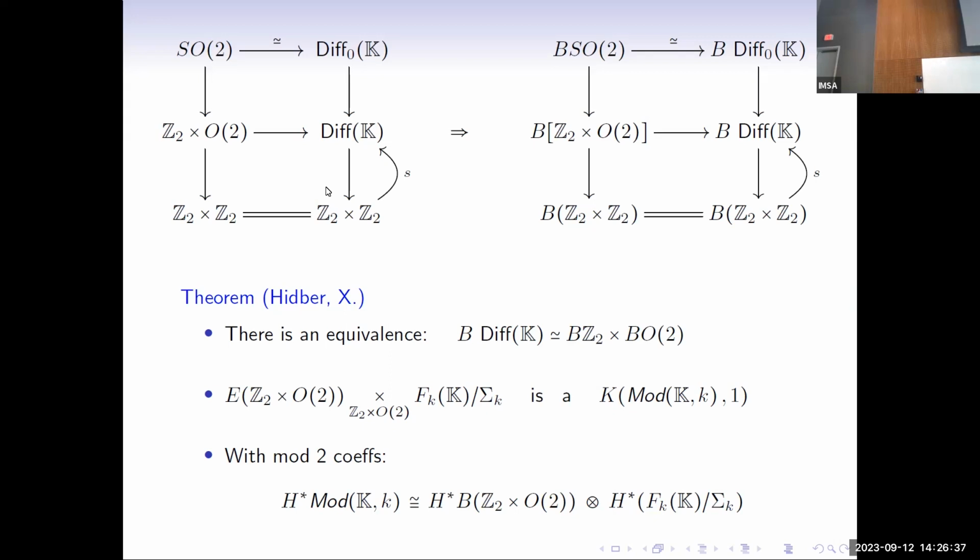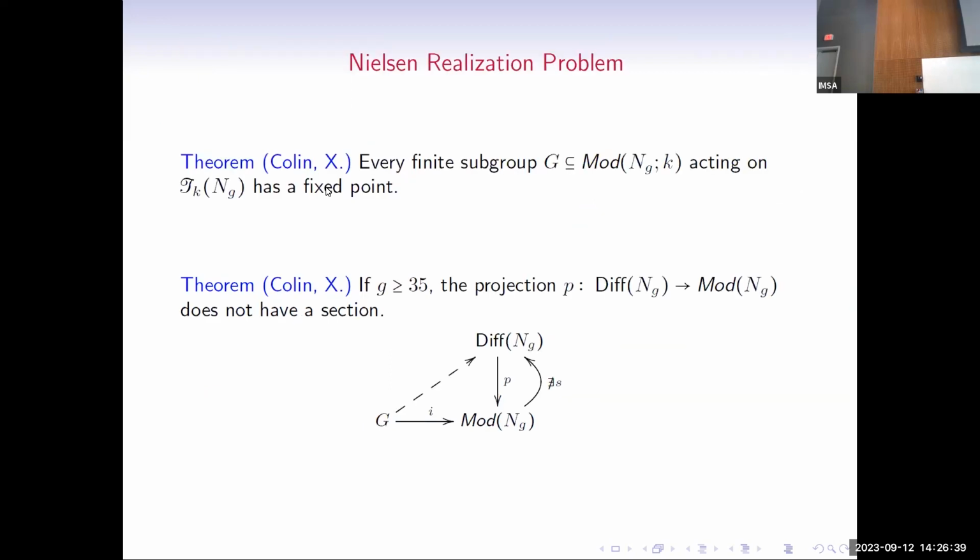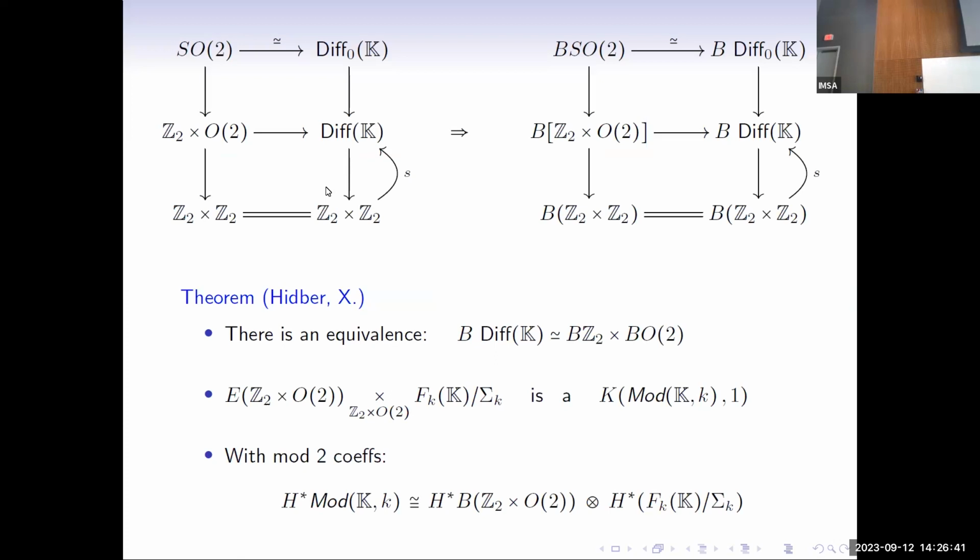All right. So are you showing that Diff K is equivalent to C2 cross O2? Yes. But not as groups. Yes, so it is stronger.